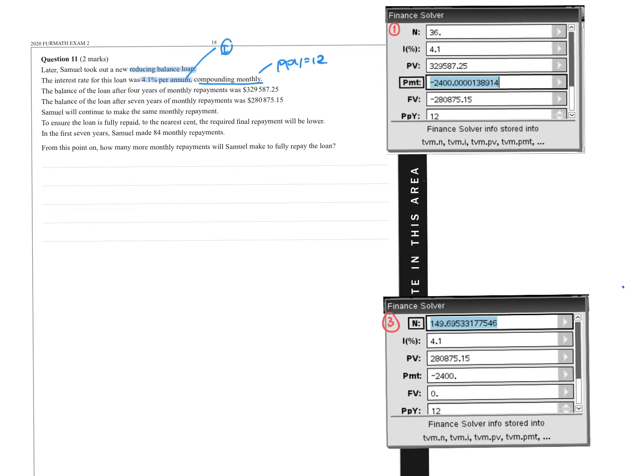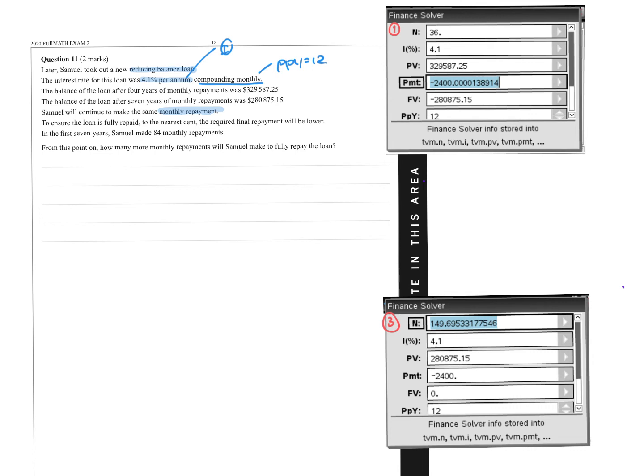Samuel will continue to make the same monthly payment. To ensure the loan is fully repaid to the nearest cent, the required final payment will be lower than the first 7 years' payments. In the first 7 years, Samuel made 84 payments.